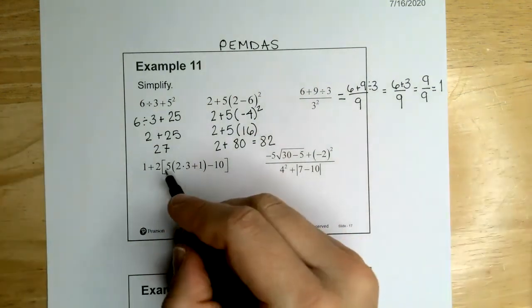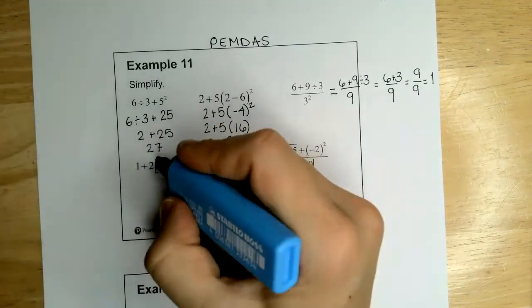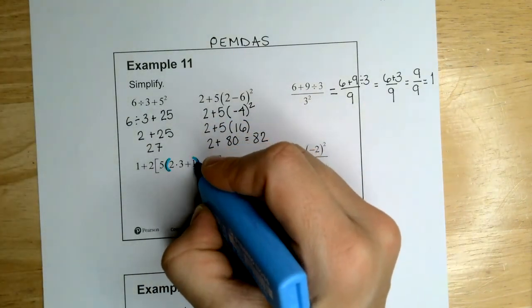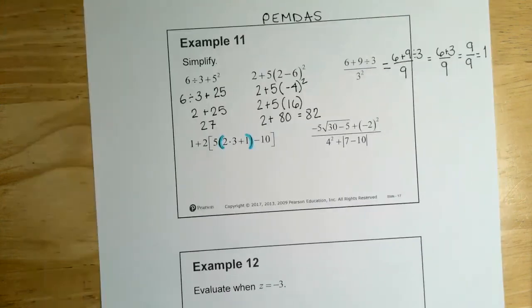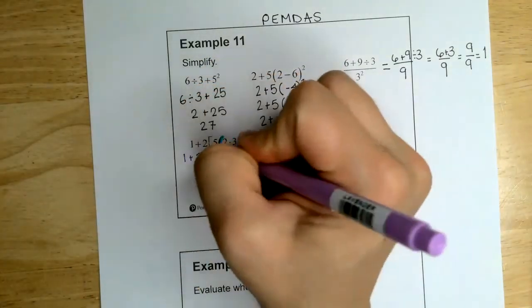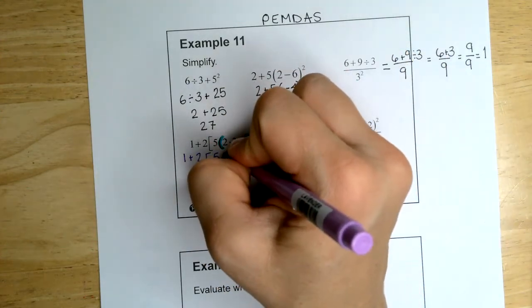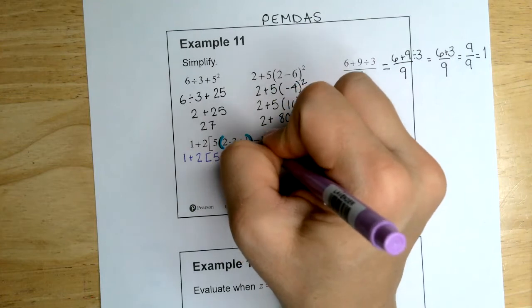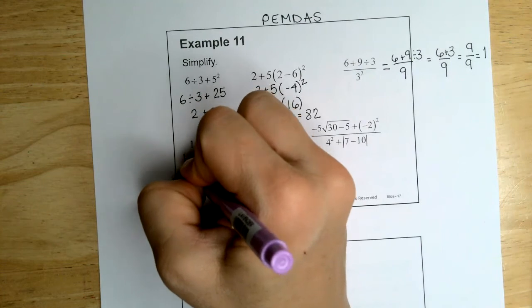All right, and when you have many grouping symbols, you want to start with the innermost grouping symbol. So here we have parentheses, but we have 2 sets of parentheses. So we want to start with the inside parentheses. So here it will be 1 plus 2 times 5 times 2 times 3 is 6, plus 1 minus 10. Close the parentheses. 1 plus 2.